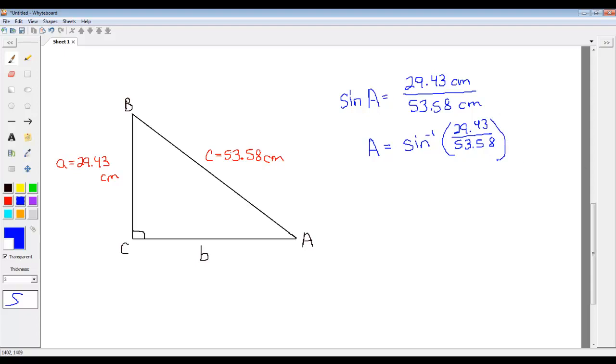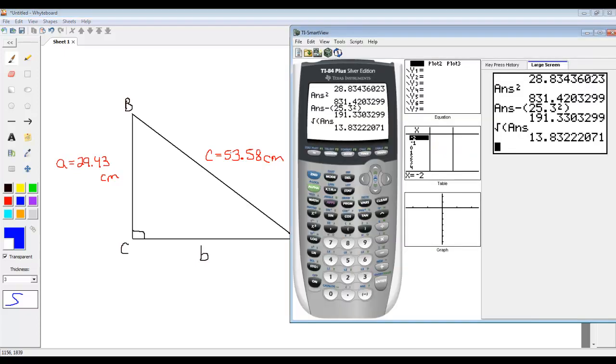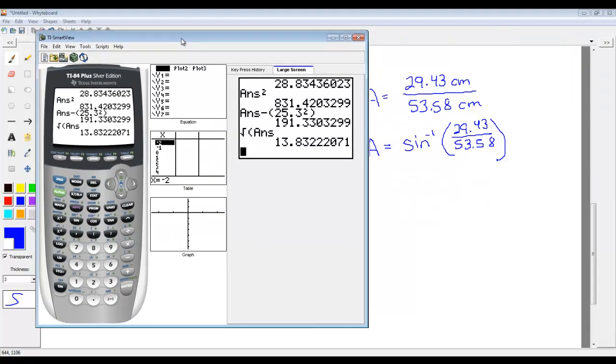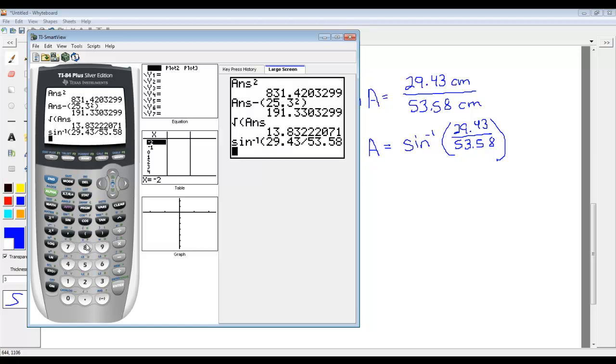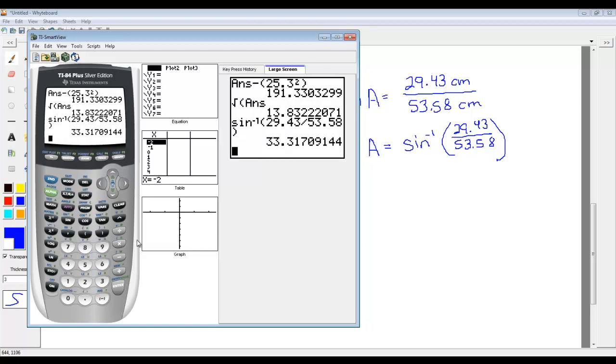So let me pull up my calculator again. Move it over here. Okay, so if we do the inverse sine, that second sine, of 29.43 divided by 53.58, enter, and there we go.